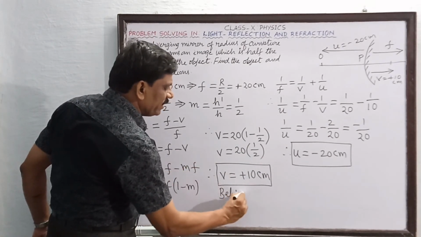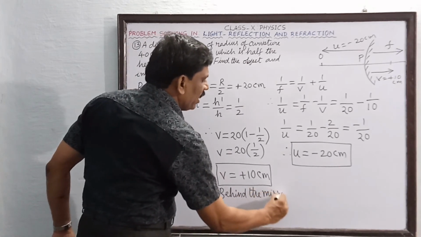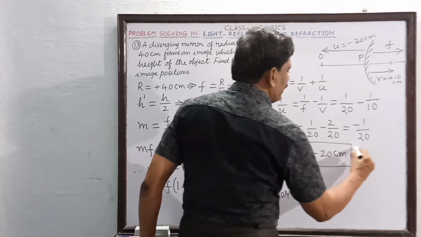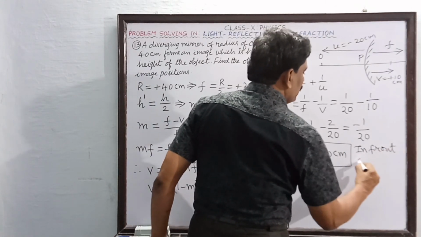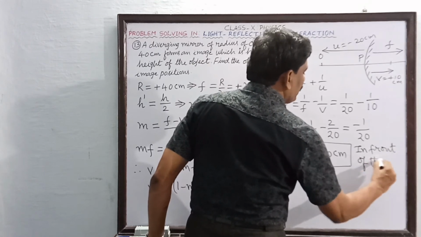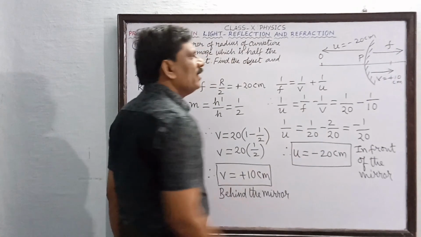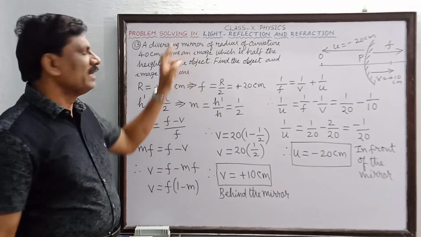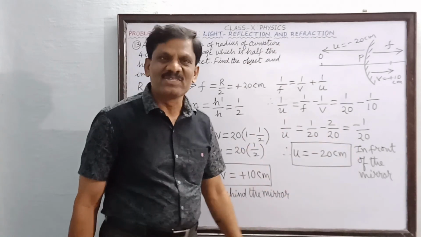So that v is behind the mirror, and object is minus 20 means it is in front of the mirror. So what type of mirror is given? It is a diverging mirror. Diverging mirror means it is a convex mirror. Have you understood students? Okay.